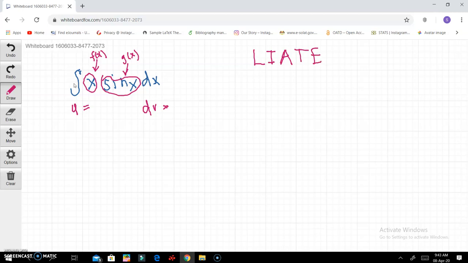Basically, the letter L here represents the log function, natural log, or you can say that this is ln x.